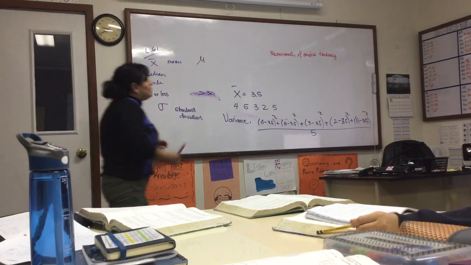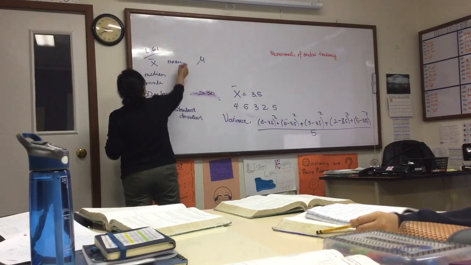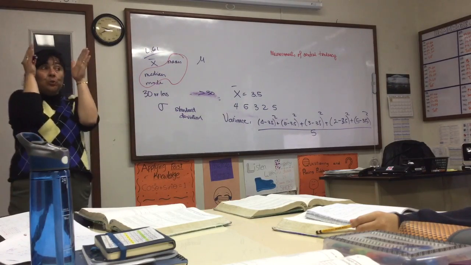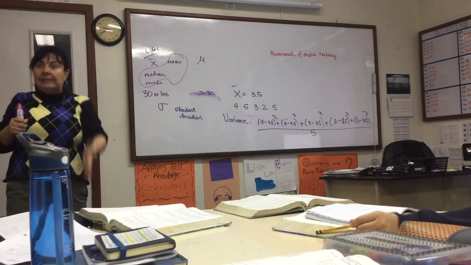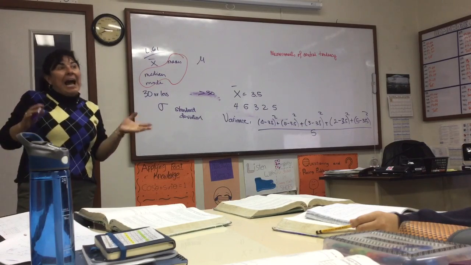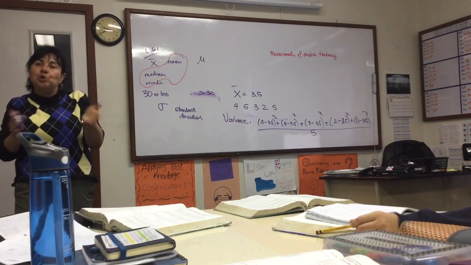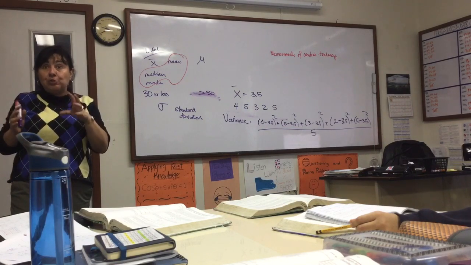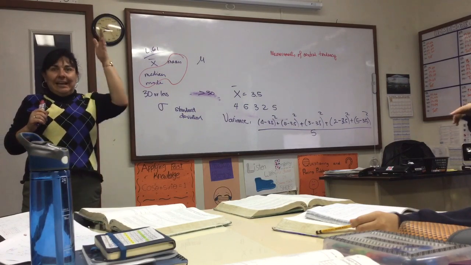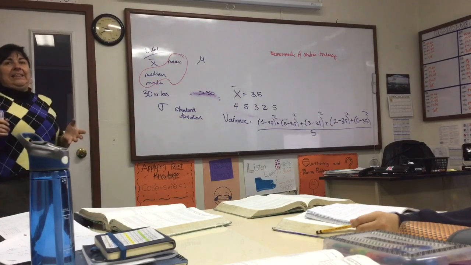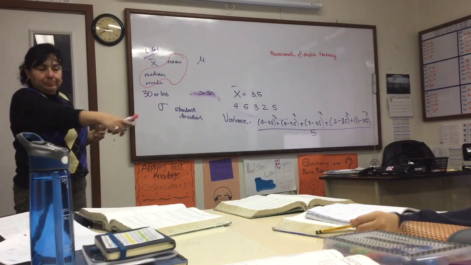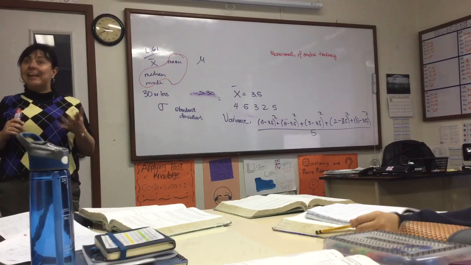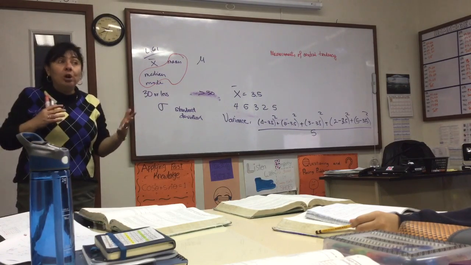The measures of central tendency are these. Why? Because you tend to make like a line in the middle to see how things behave according to a certain norm or according to a central tendency. It tends to be like that. We'll see right now that you can have a normal tendency, and that's where it comes from. What does the norm do?